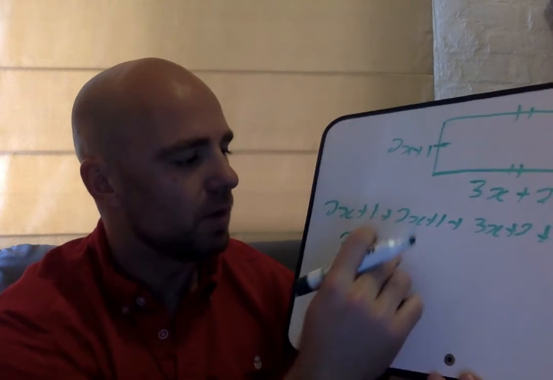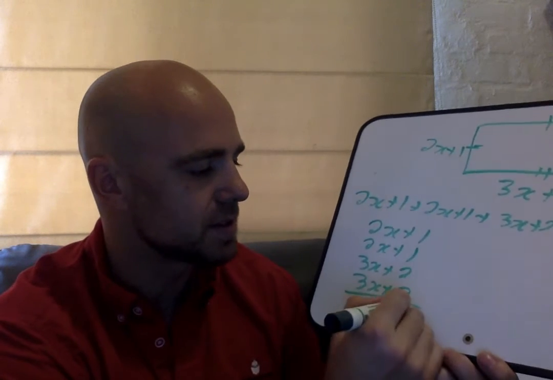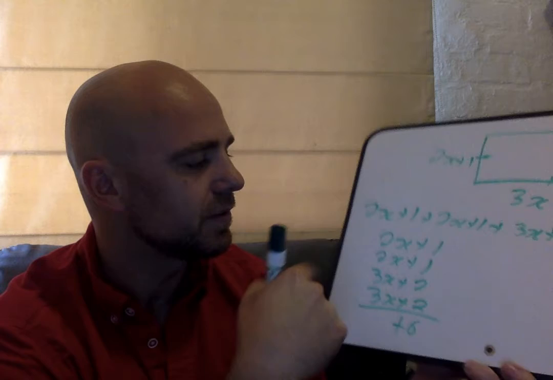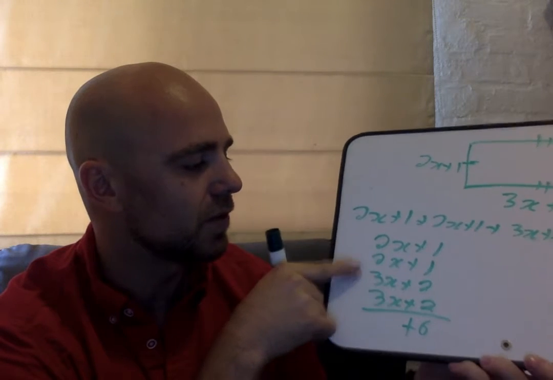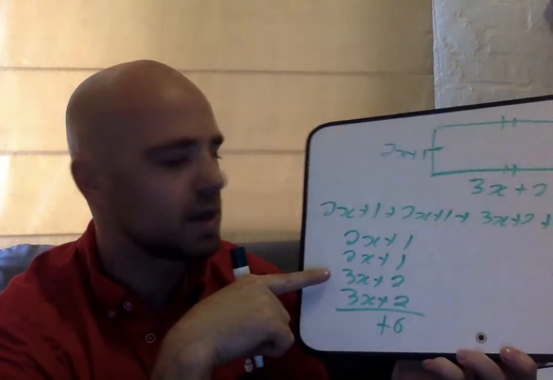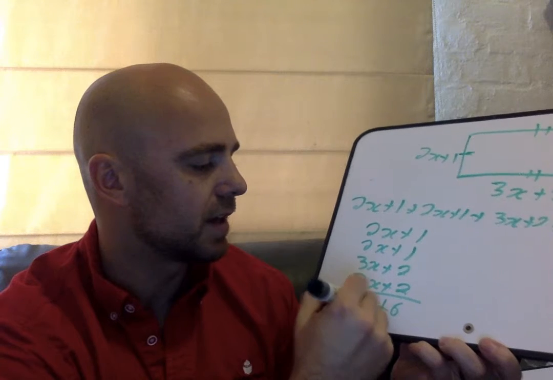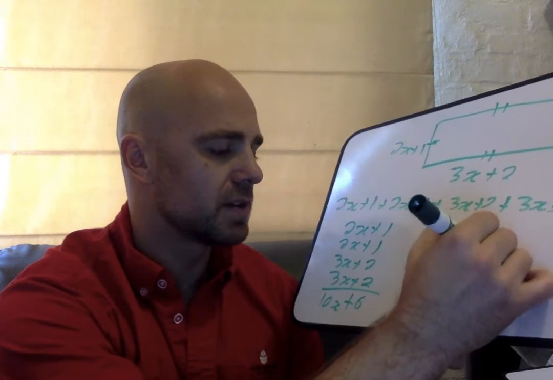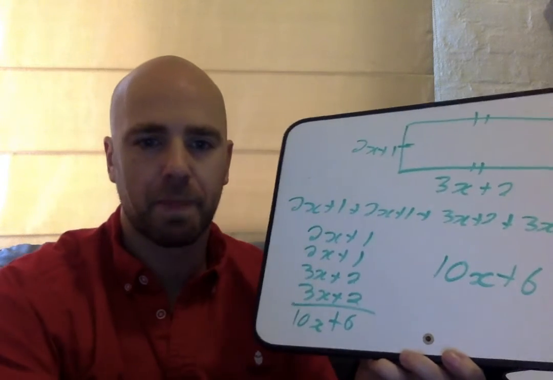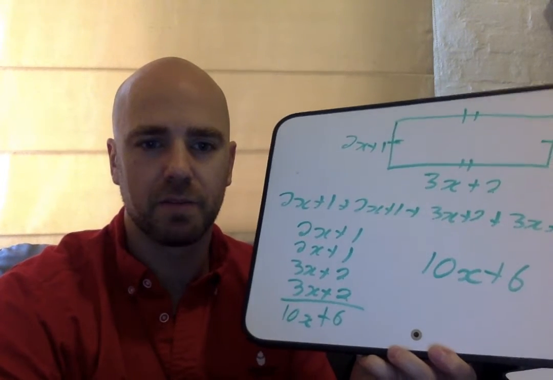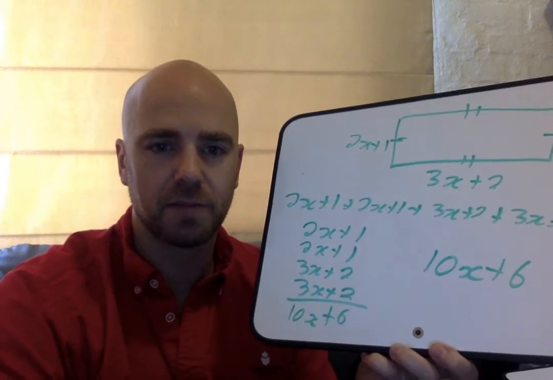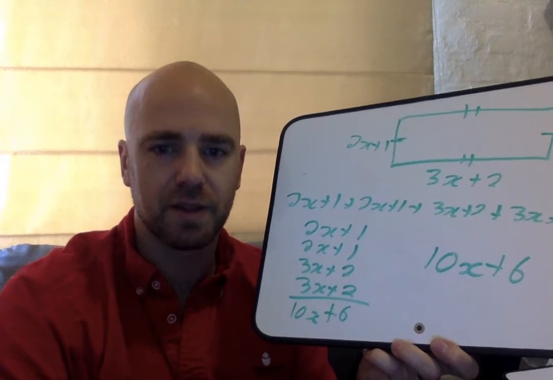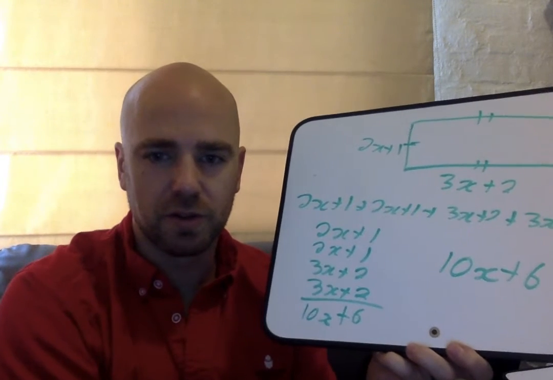I add 1 plus 1 plus 2 plus 2, which is 6. They're all positive. And then I have 2 plus 2 is 4, plus 3 is 7, plus 3 is 10. So I'm going to end up with 10x plus 6, and that becomes my final equation there. Those are the two methods that you can use.